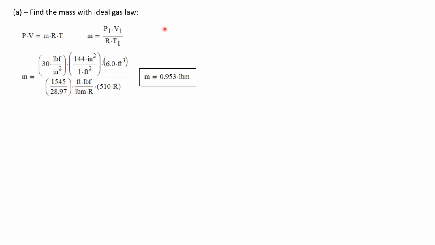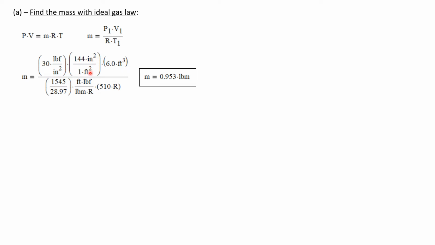So let's find the mass of the system using the ideal gas law. The ideal gas law states that PV is mRT. Let's rearrange this and we can solve for m, and we'll use state 1 conditions as our variables. So m is equal to P1 V1 over R T1. Well, P1 is 30 pounds force per square inch.